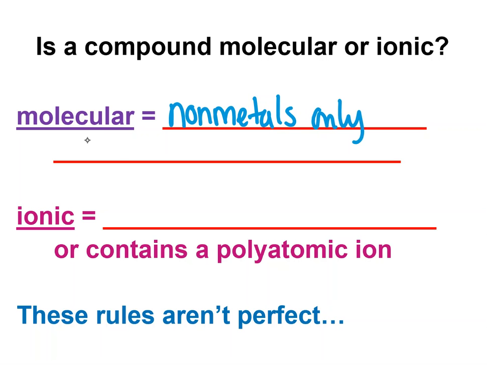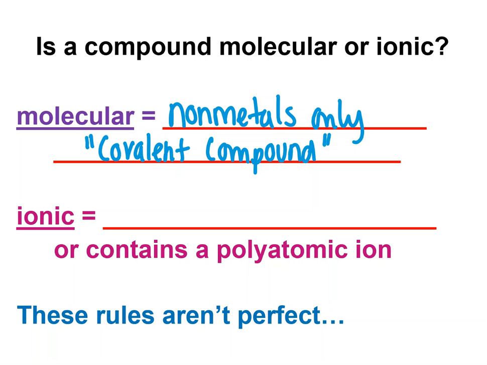We also call these covalent compounds, and I use those words interchangeably. I'll refer to compounds as being covalent or molecular, and it means the same thing. Covalent is the type of bond they have, and molecular is the type of particle.